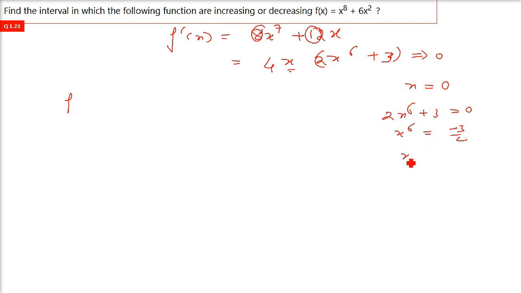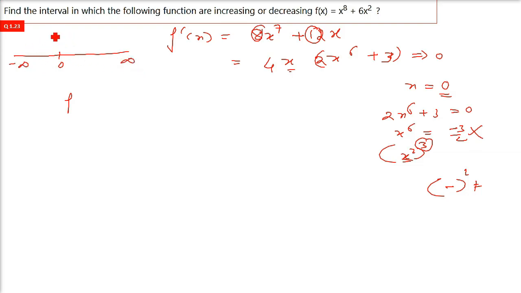How? x^6 is nothing but (x^2)^3. x^2 cannot be negative at any cost. Whatever you put here, either negative or positive, it will always be positive. So you just have one point, which is x equals 0. There is only one critical point in this question, which is x equal to 0.